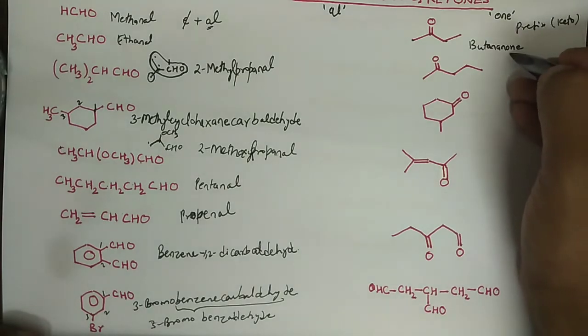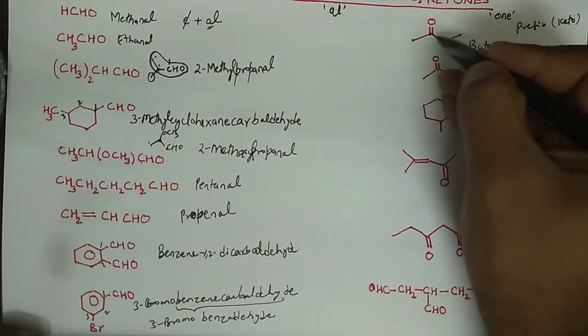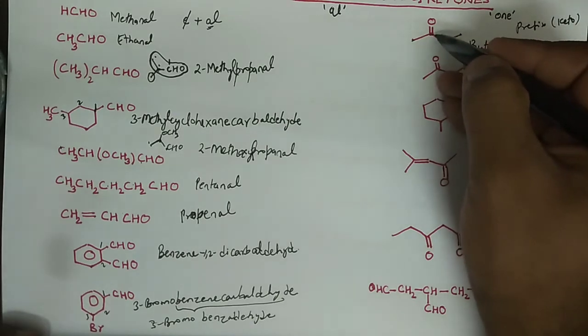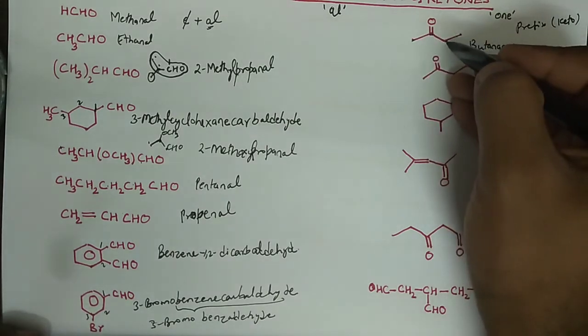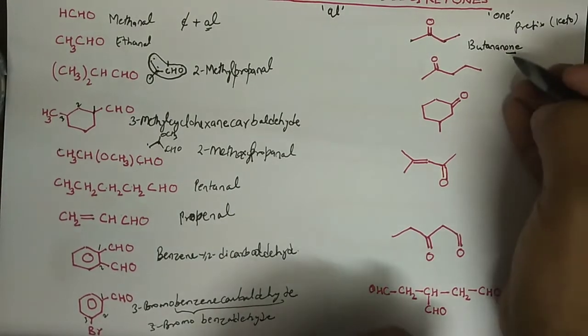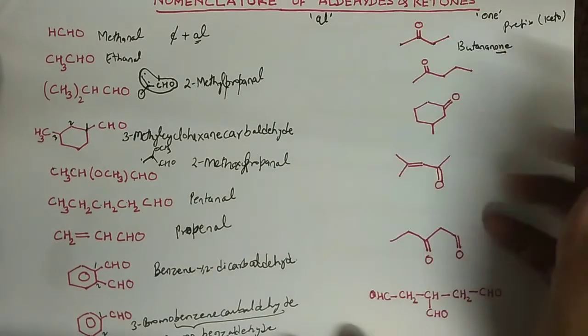And if I am adding -one, that means the functional group is keto, and that functional group will not be at an extreme position. So these 2 positions cannot have the carbonyl group. So only these 2 are left for having carbonyl, and this position will always be 2 from either this side, or if it is at this side, then again 2 from this side, right? So I hope everyone can understand that there should not be a numeric position of the functional group for this compound.